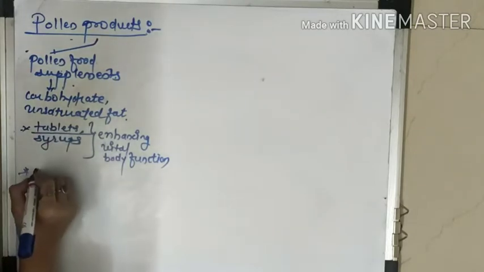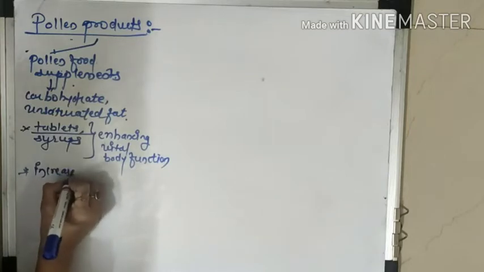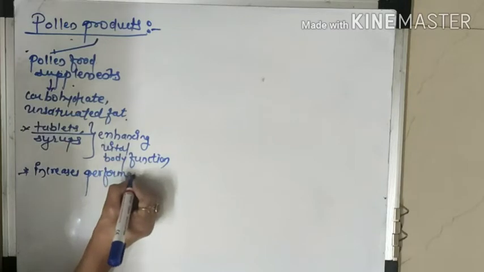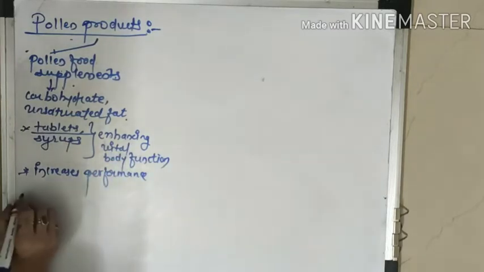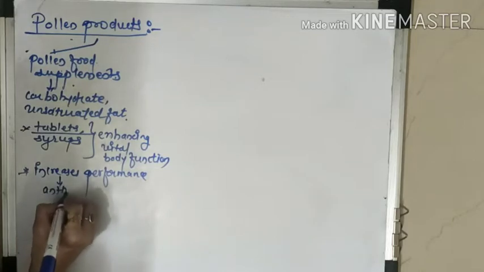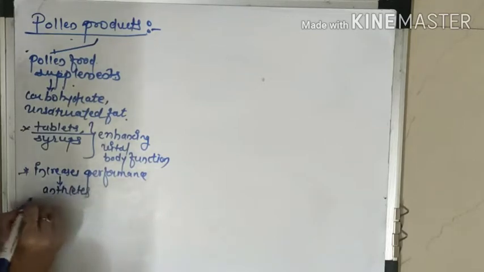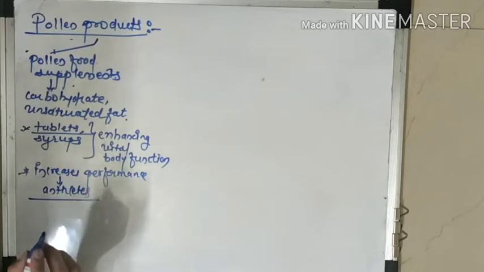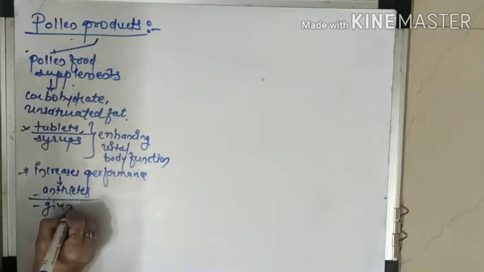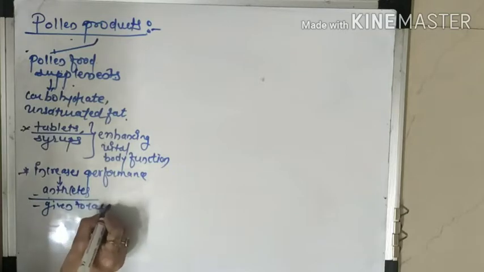It enhances or increases the performance of the human being. Performance. Okay. And these are generally used by athletes, and it's not only given to athletes, it's also given to race horses.